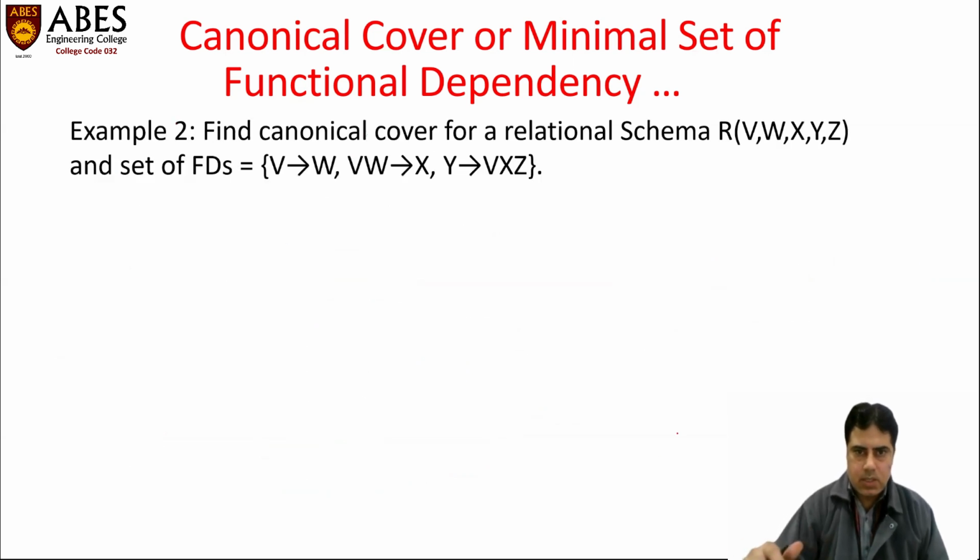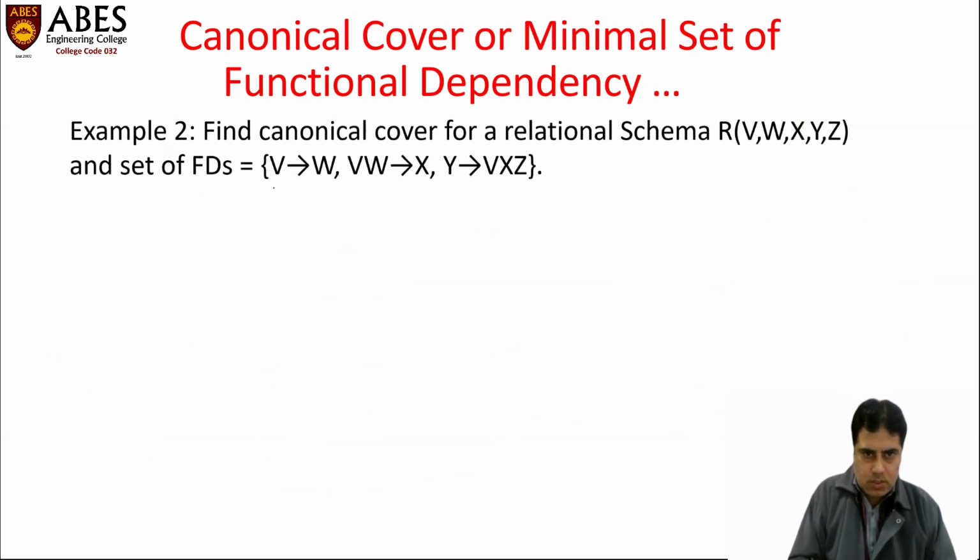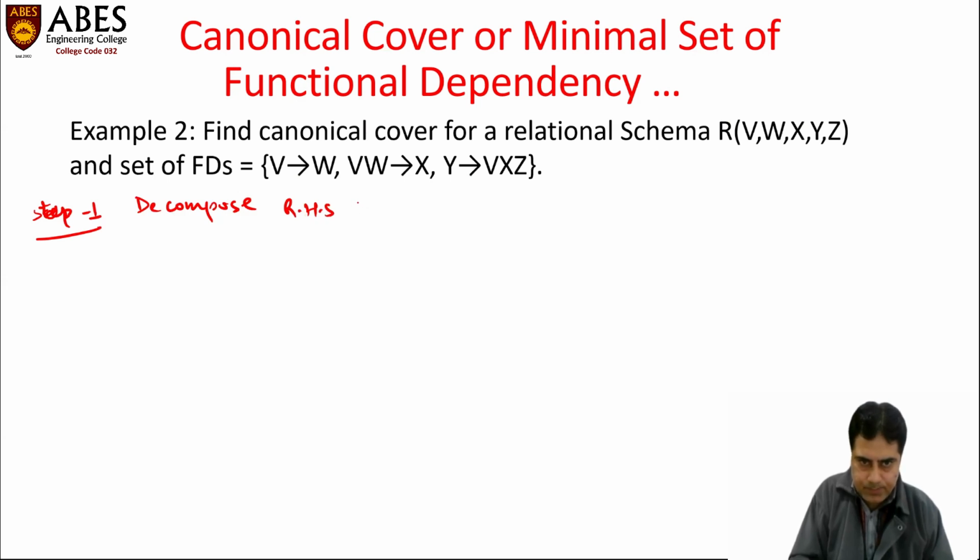Now let us take one more example. The given FD set of R: V determine W, VW determine X, Y determine VXZ. Step 1. Now decompose right hand side attributes.